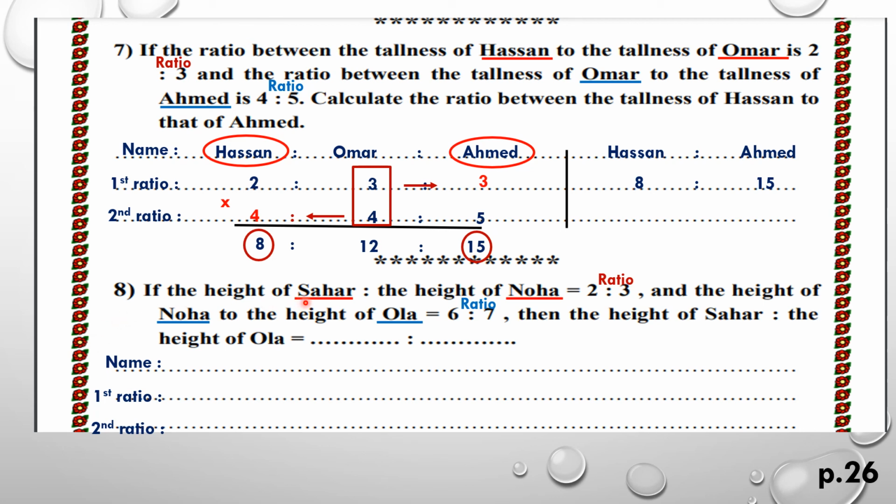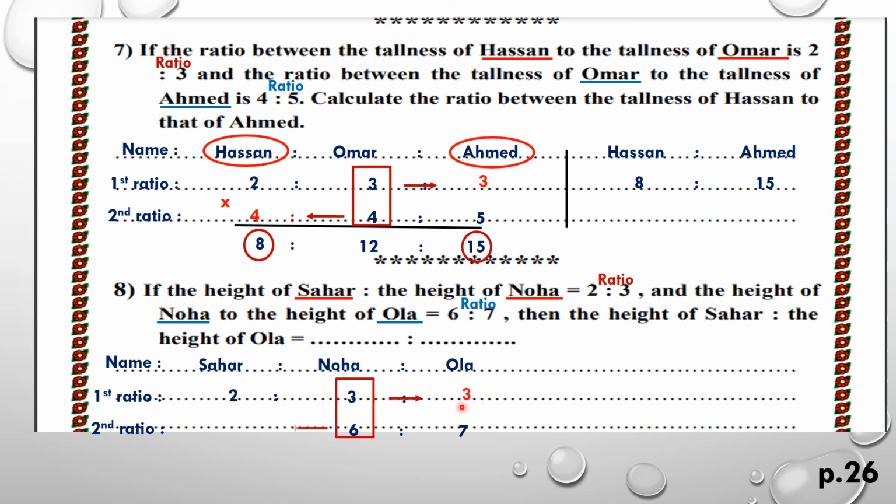The names here by order: Sahar to Noha to Ala. First ratio 2 to 3. This 2 should be under Sahar. This 3 should be under Noha. What about the second ratio? 6 to 7. This 6 should be under Noha. This 7 should be under Ala. Now we have the completed column.